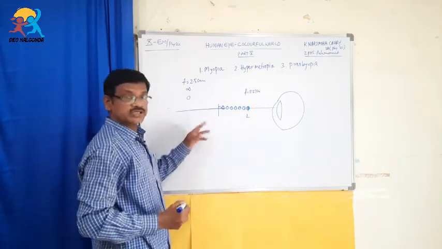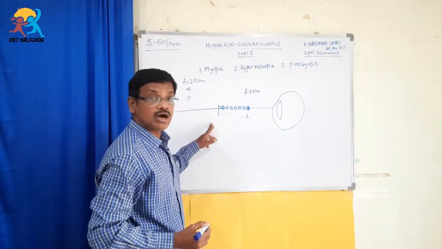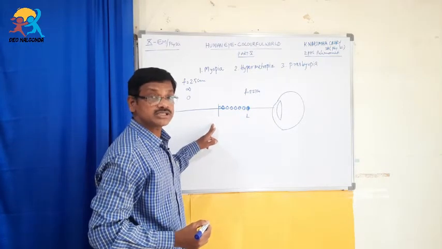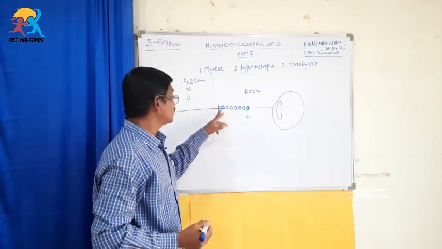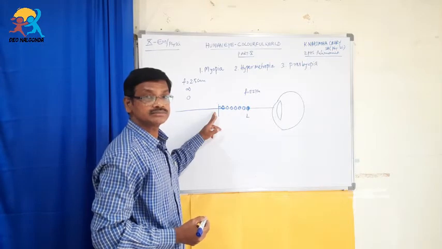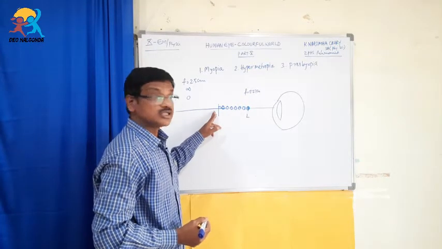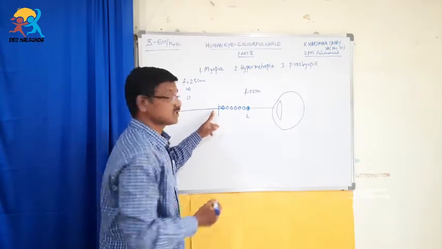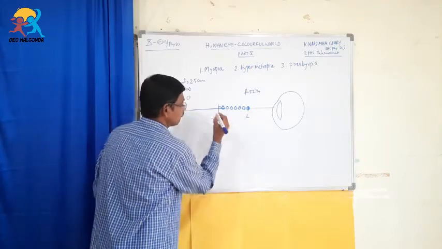The observation of image of the object is continued to this point, and this point is known as far point.